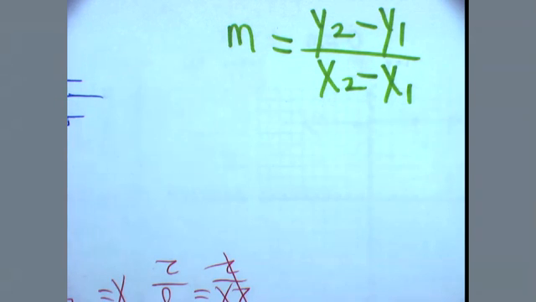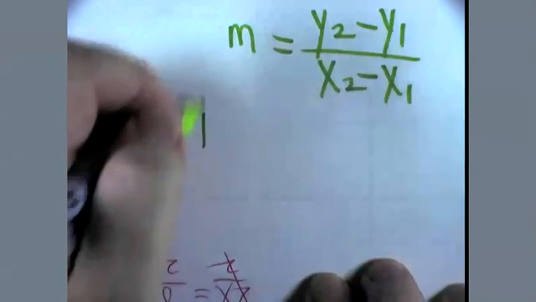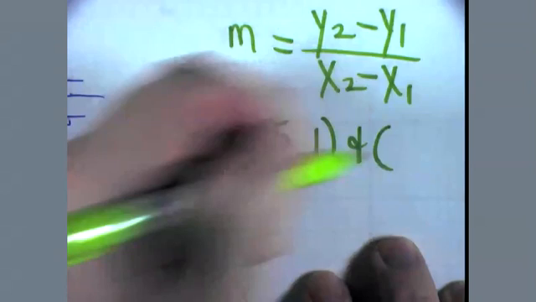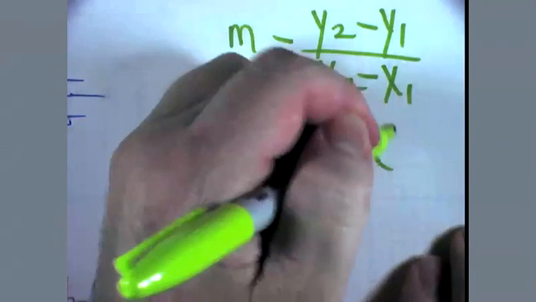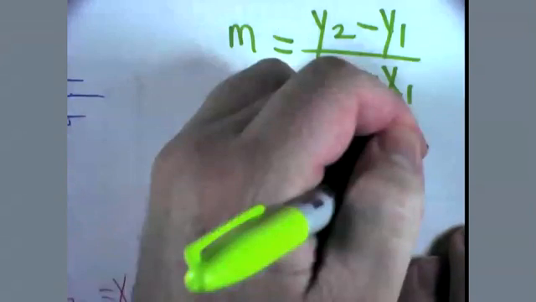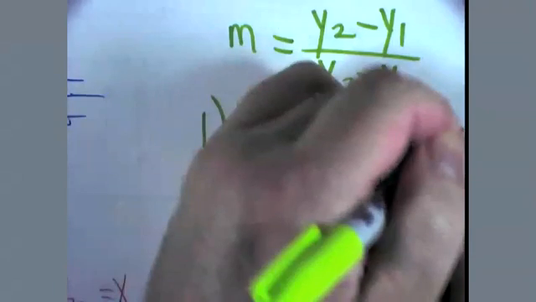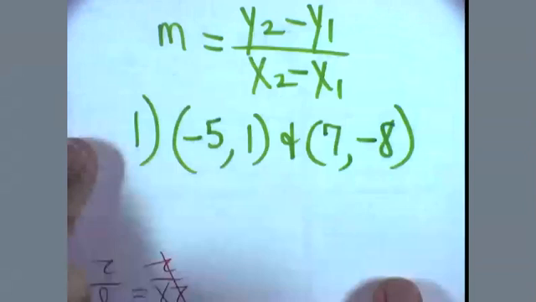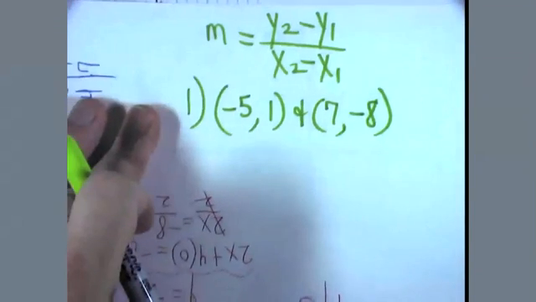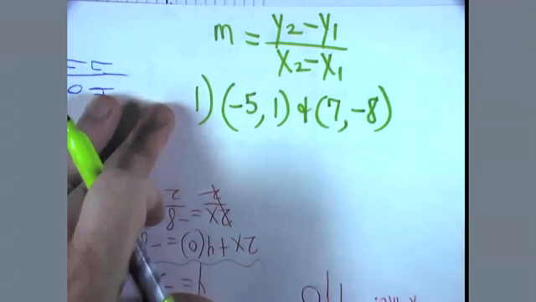So let's start with this example. All we need to find is the slope between these two given points.